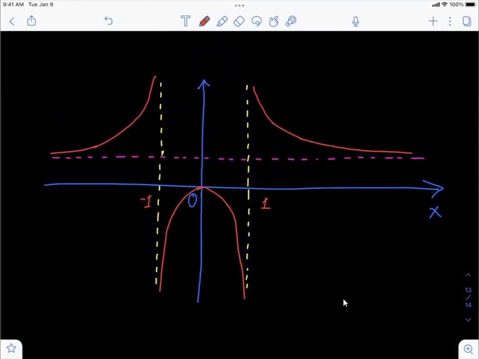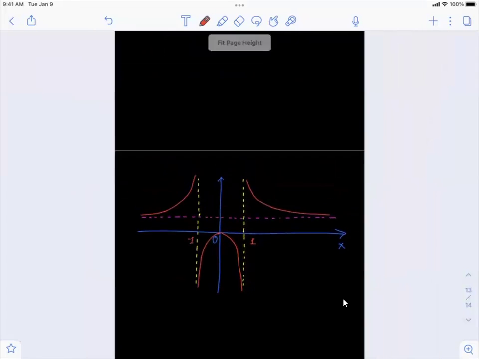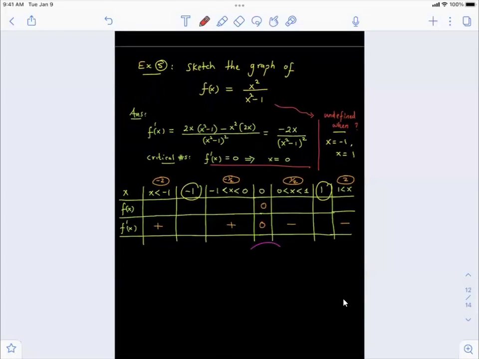Now you need to understand the background story of this by computing each and every component. So my recommendation, go back to the computational step, pause it right here. Do all the computation from the beginning to the end so that you can convince yourself. And in this particular problem, I'm not encouraging you to work with the second derivative. So it is just the first derivative analysis to see the basic graphical representation of the function.